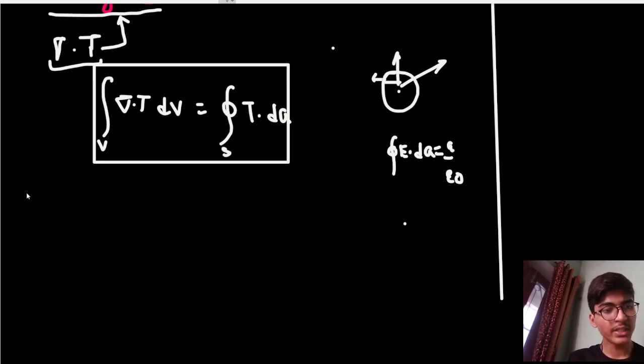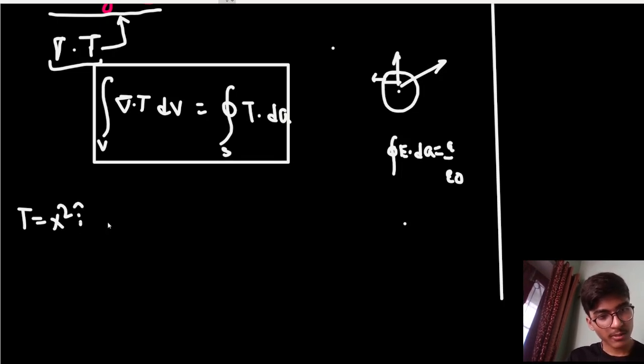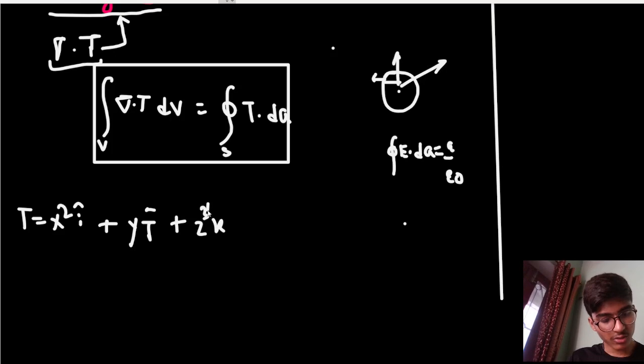Suppose I imagine a quantity, let's say T, and T is equal to x square i cap plus y j cap and z cube k cap. So here is a vector quantity T. If you take the divergence of the vector quantity, you will get a certain value.